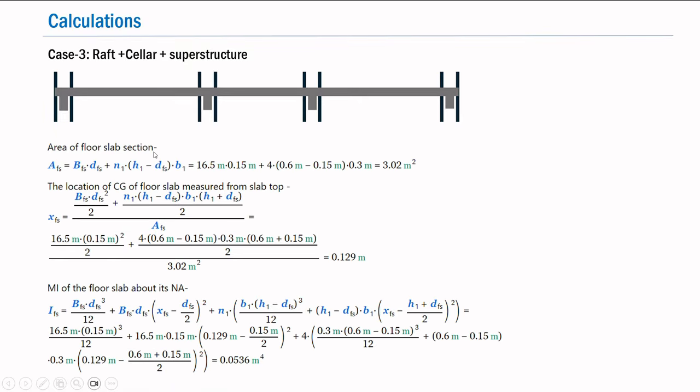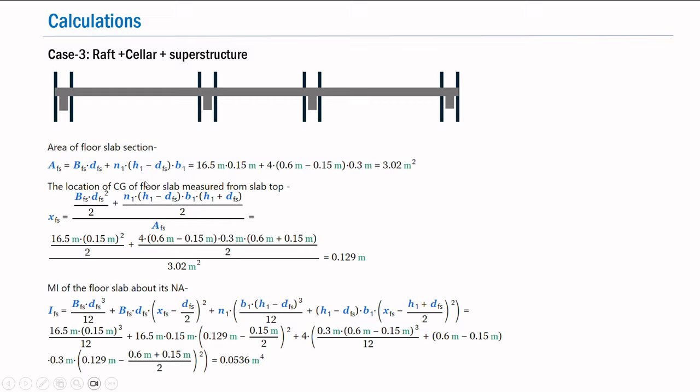The area of the floor slab system, obviously we know, consists of the floor slab plus the 4 beam cross sections. That is very clear from this formula. AFS is equal to BFS into DFS plus the number of beams into the cross section area, and this evaluates to be 3.02 meters squared.